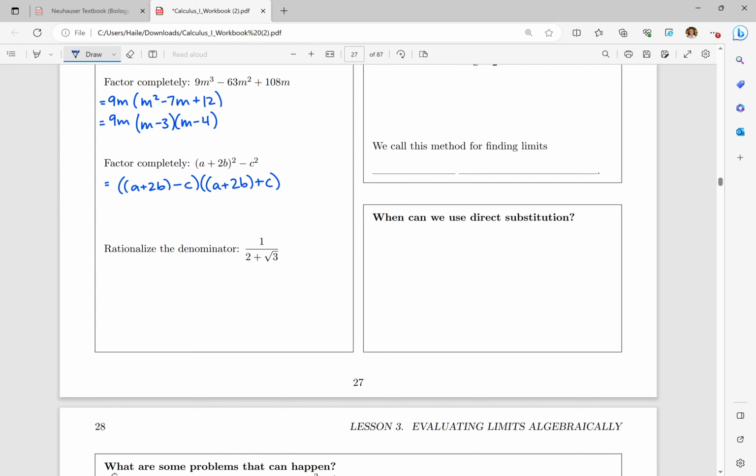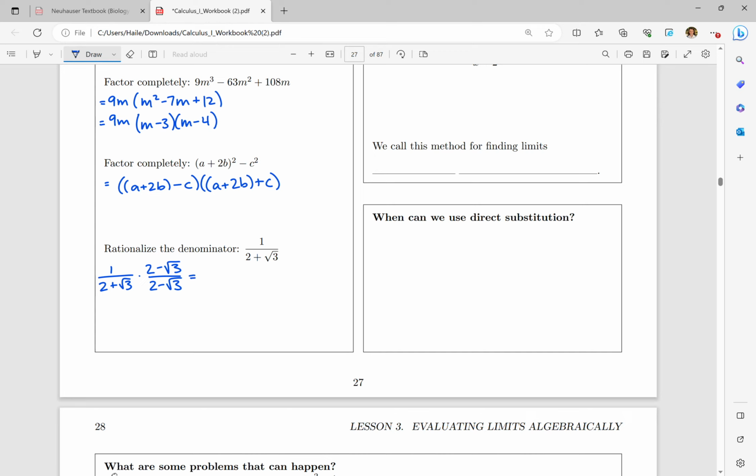And finally, we want to practice rationalizing the denominator of 1 over 2 plus the square root of 3. So to rationalize the denominator, recall that that means we want to get the denominator to not have any square roots. And the way that we do that is we multiply by the conjugate over itself. So that would look like 2 minus root 3 over 2 minus root 3.